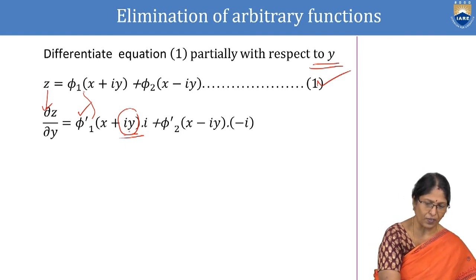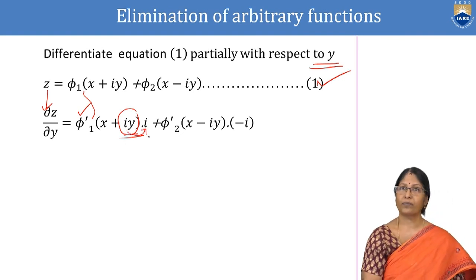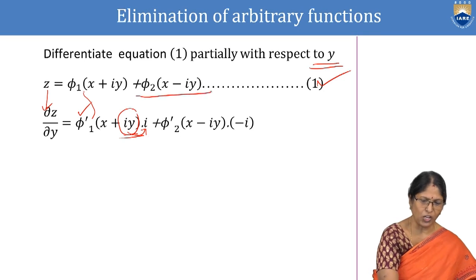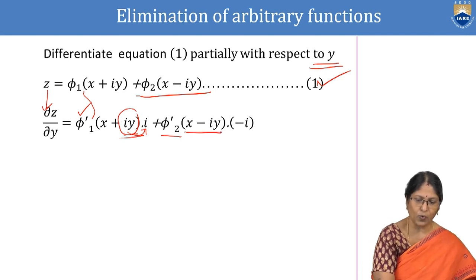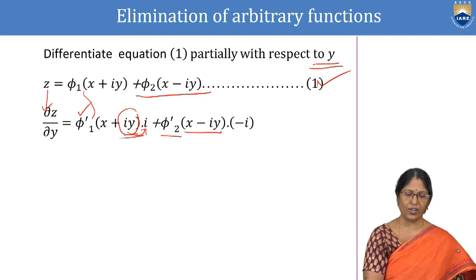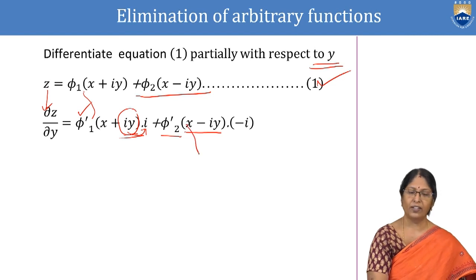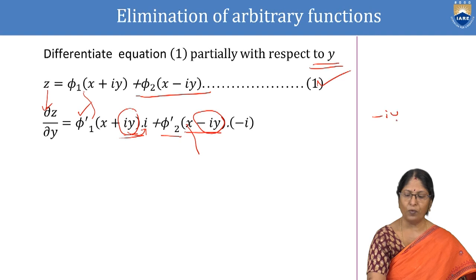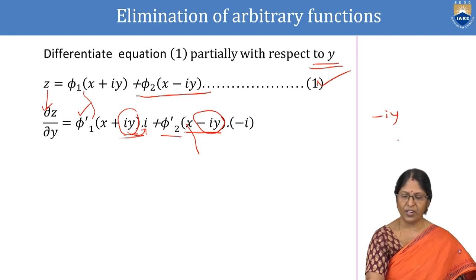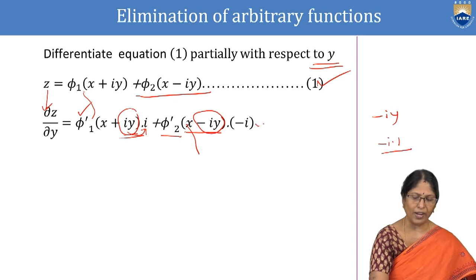The coefficient will be written as it is. Here φ2 of x minus iy, then φ2' of. Then the inside one also we have to differentiate. x is neglected, but minus iy, y differentiation is 1, the coefficient will come as it is, then minus i.